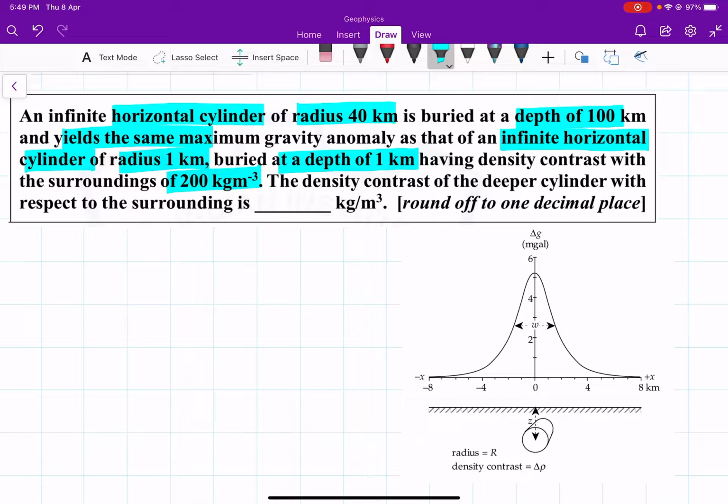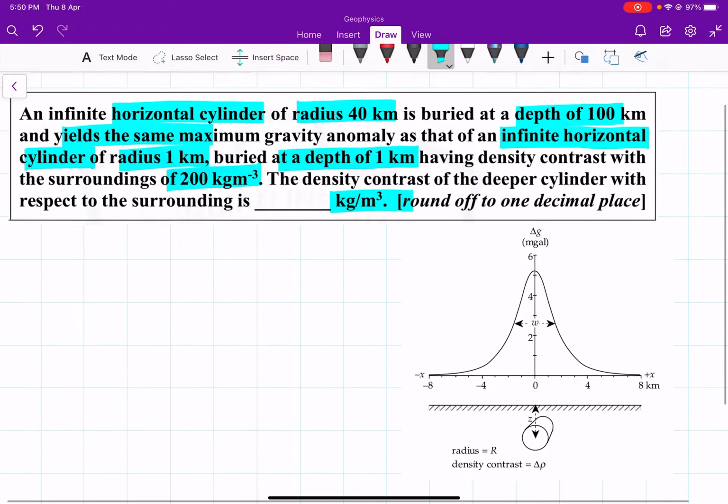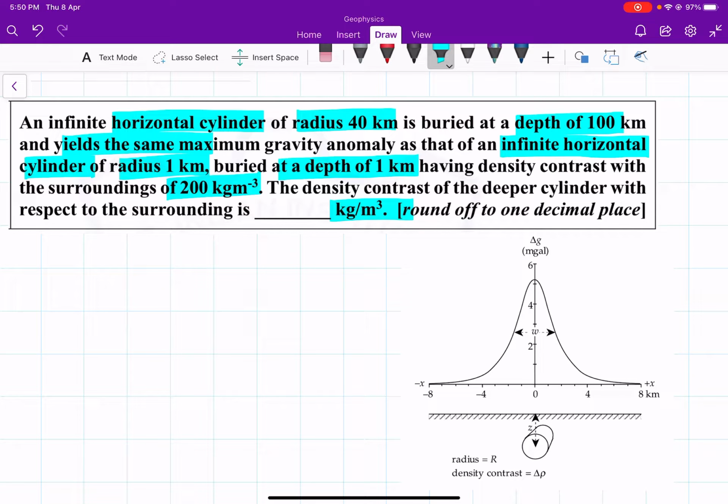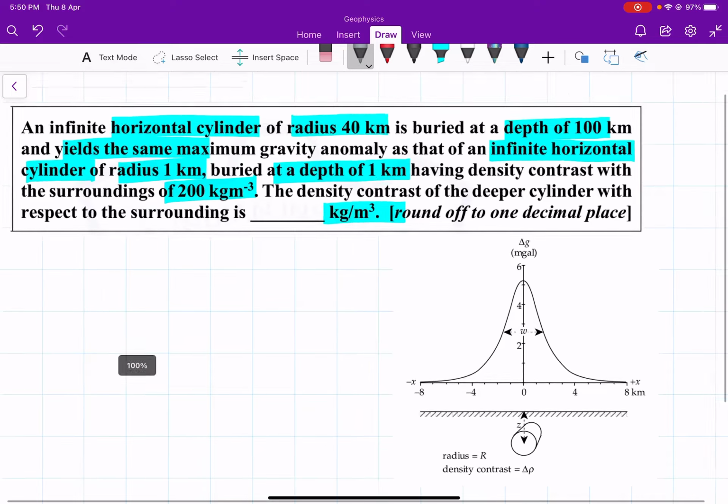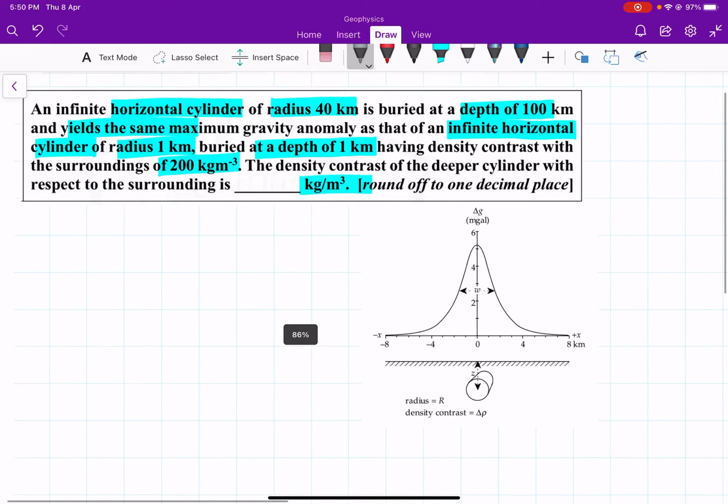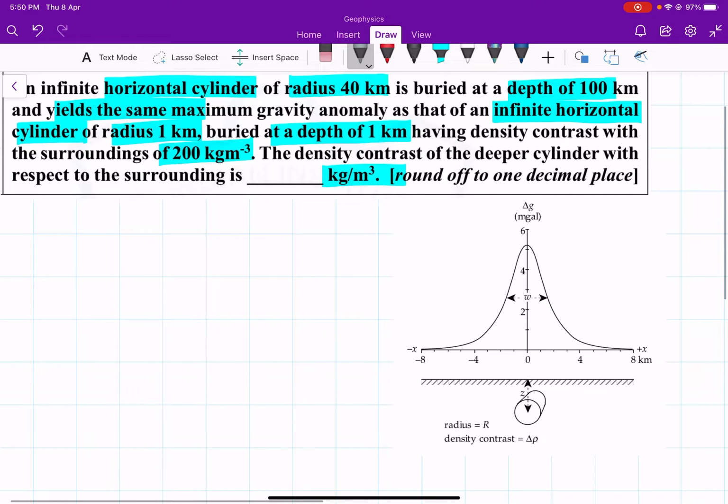The density contrast of the deeper cylinder with respect to the surrounding is what we need to find. Here there are two cylinders at different depths. The radius of the first cylinder, r1, equals 40 kilometer, and its depth is 100 kilometer.